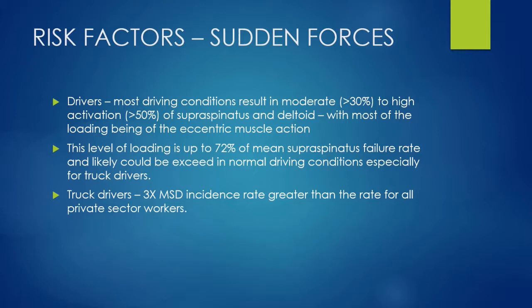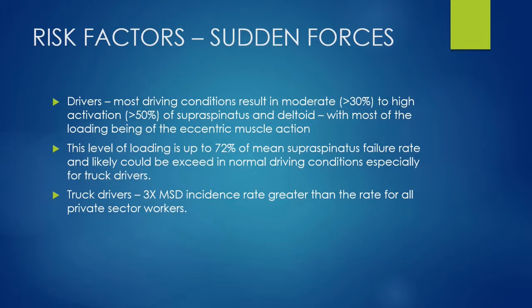Most driving conditions result in moderate, meaning greater than 30%, to high, meaning greater than 50%, of activation of the supraspinatus and deltoid muscles, with most of the loading being in the eccentric muscle action, which many times has greater force development than even the concentric muscle action.